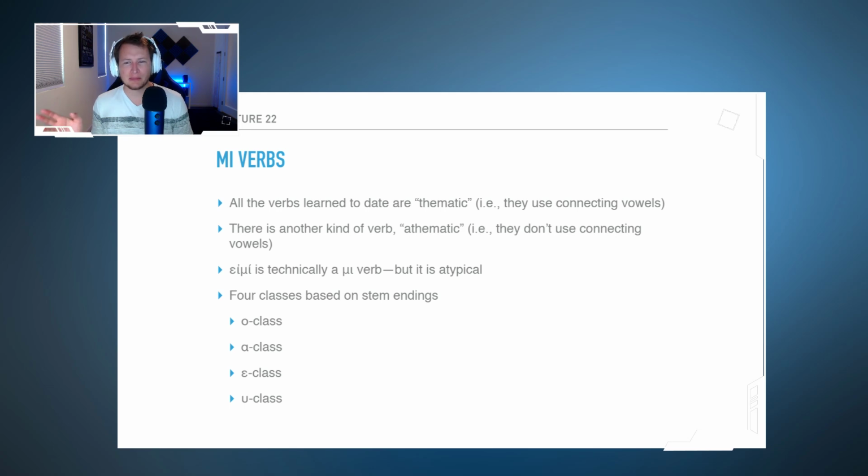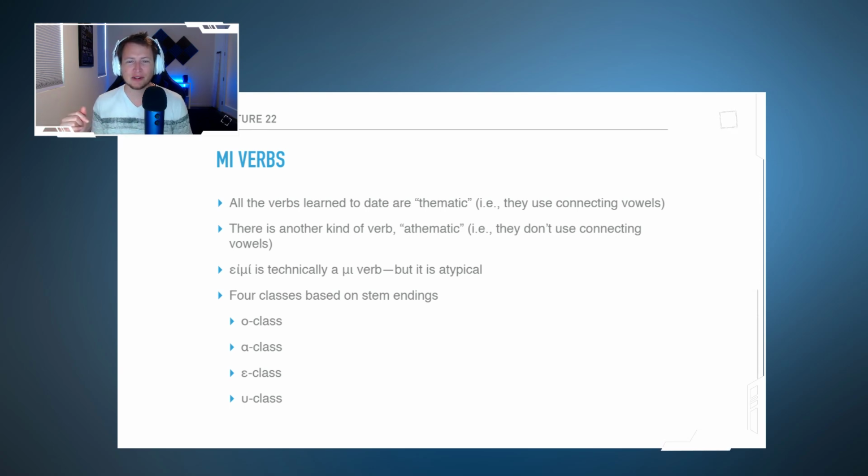These are athematic, meaning they don't use connecting vowels. Now, eimi is technically a mi verb, but it's an atypical athematic verb, so it's kind of on its own. And as we established last week, the verb to be, in all the languages I've learned that are Indo-European or whatever that class is, is always one of a kind.